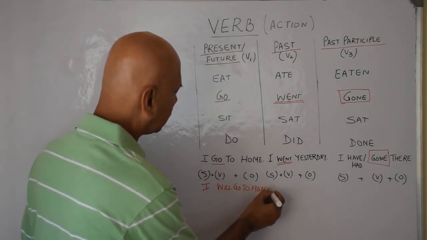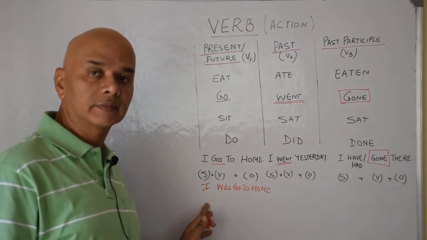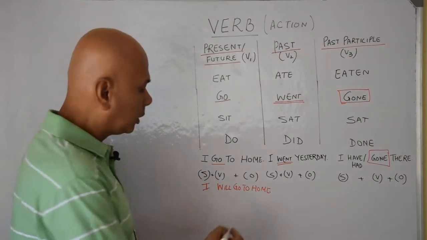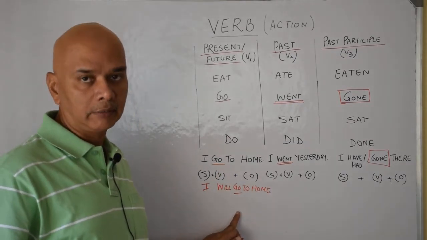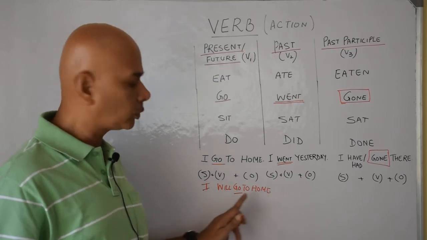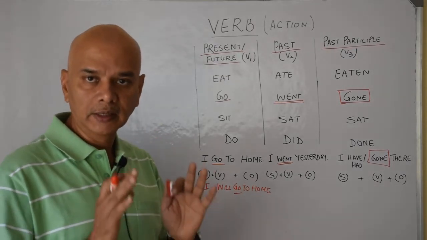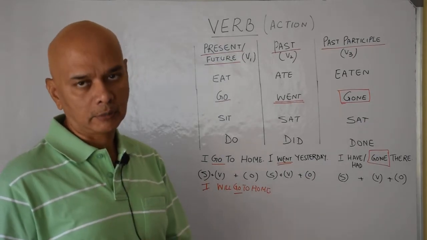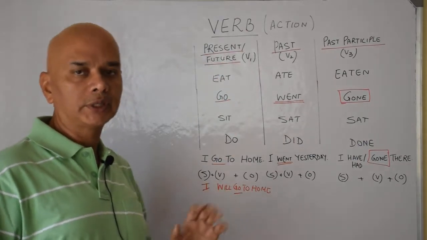See, the structure will not change. I will always come first. Will is a supporting verb, and main verb or the root verb is go. It will come in the middle, and to home. So subject plus verb plus object. Always remain this. Remember this. Subject plus verb plus object will be used in present tense or also in future tense.